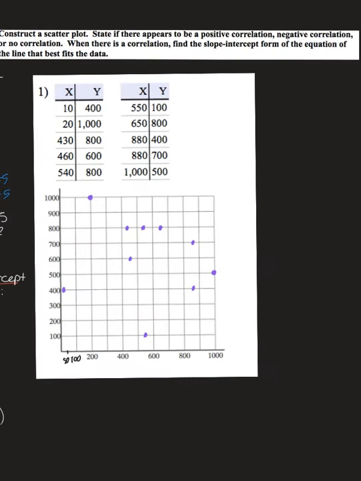Okay, so if you guessed no correlation, then you are correct. This is no correlation. There's not a pattern going on here. So we can write down no correlation. And that means that you do not have to find the line of best fit here, since there is not a line that you can create with these points.